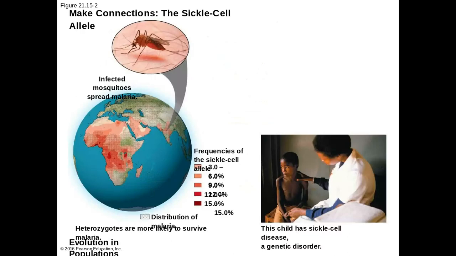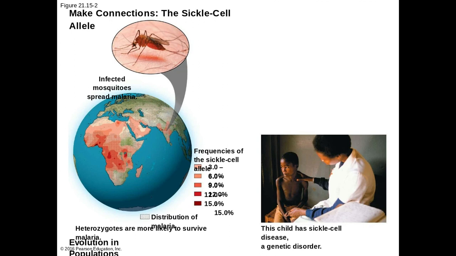However, we know from studying this that in certain populations, having the sickle cells can confer resistance to malaria. So, whereas in places like the northern hemisphere, malaria is much less common because we don't have as many mosquitoes, in places close to the equator, like Africa, India, and Southeast Asia, we tend to see more of the heterozygotes.